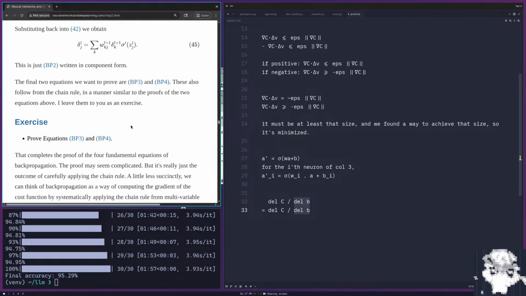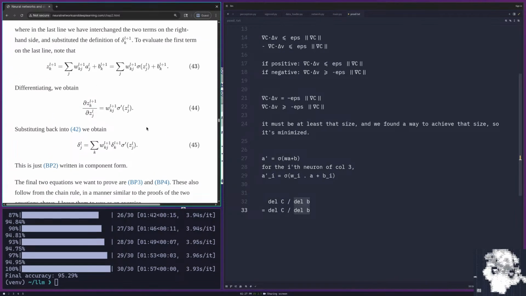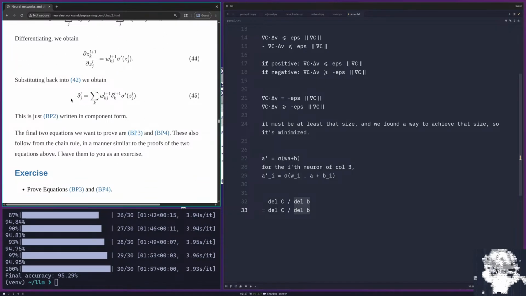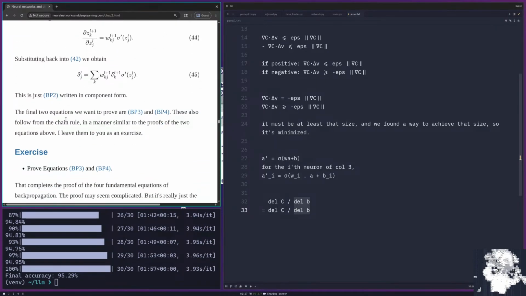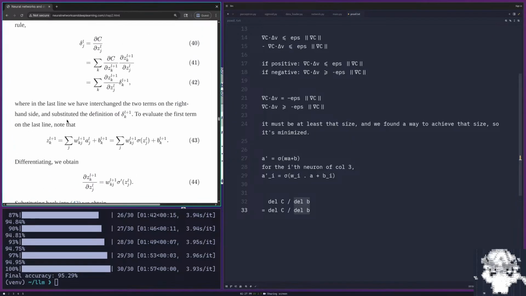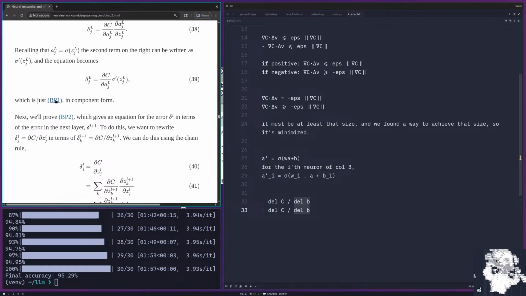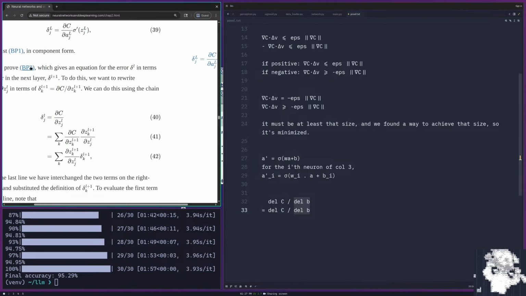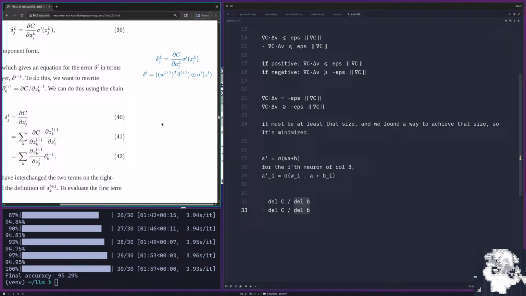I guess we probably want to use BP1 and BP2. Where are they? That's a definition of delta, and BP2 is a definition of delta also.